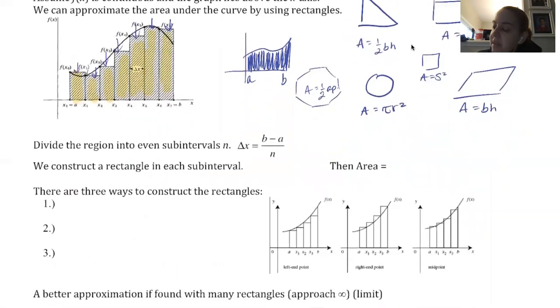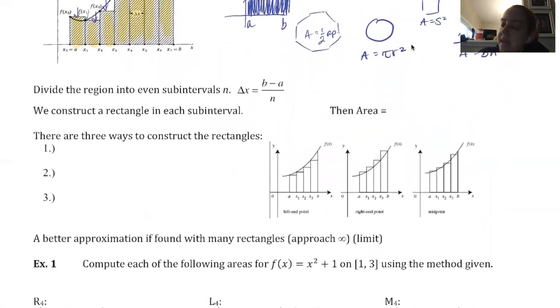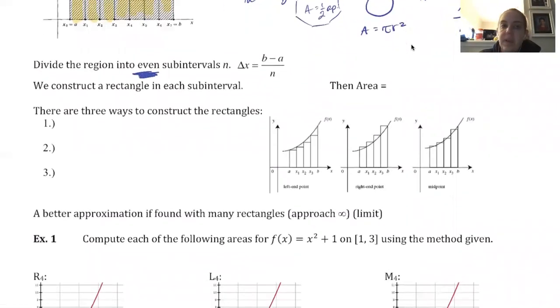So the way that we do this is we divide the region into even subintervals. Now I say that here because the AP exam likes to do uneven subintervals, so we'll keep that in mind later. But we call that our delta x, that's the width. So it's b minus a over n, where n is the number of rectangles.